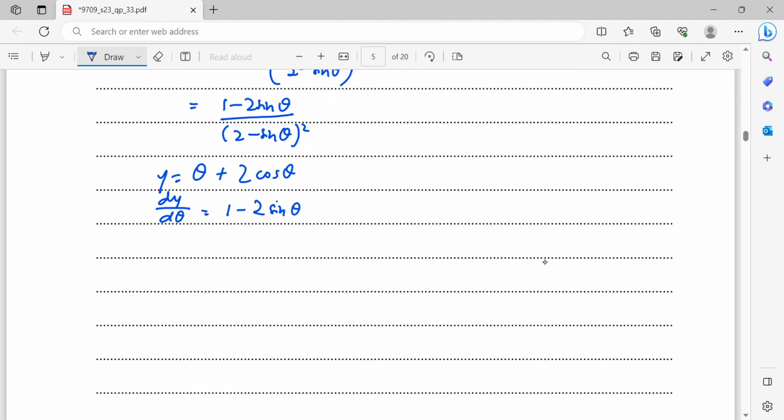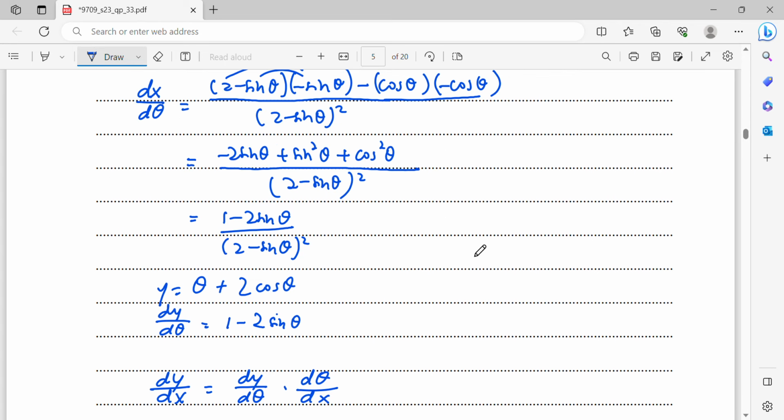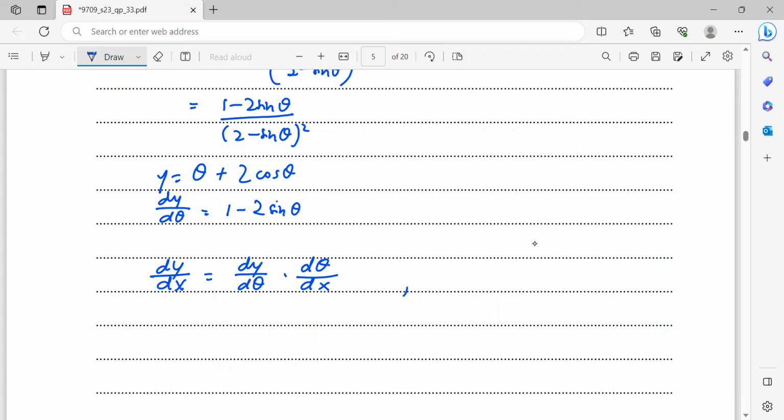Therefore, our dy over dx will be dy over d theta times d theta over dx. Now, for your information, d theta over dx is 1 over dx over d theta, which means this is 1 minus 2 sine theta.